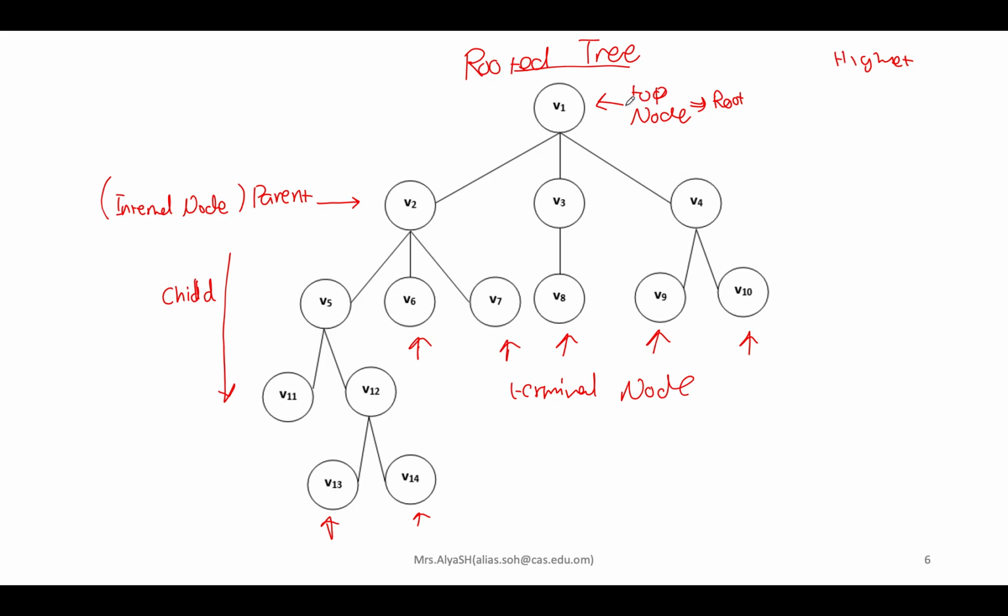So here we've got 1, 2, 3, 4, and 5. So we can say that this rooted tree is of height 5. Okay? So it's really important you understand where is the root, where is the terminal node, who are the parents, and what are the children of those parents, and the height of the tree.